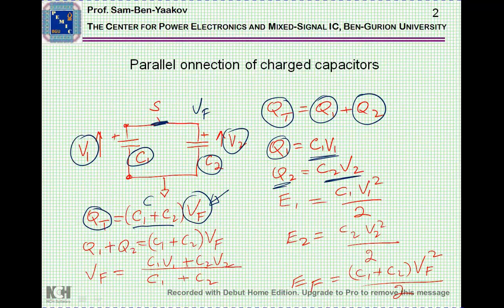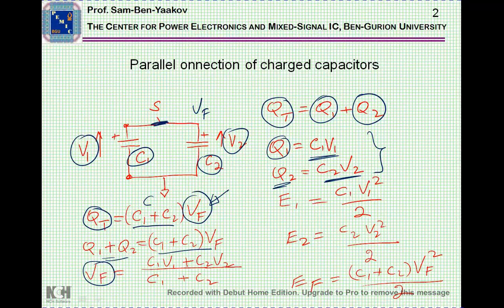Now, since there is a conservation of charge, this total charge is equal to the charge at the beginning. So we equate the two here, and we end up with an expression for Vf, the final voltage, which is equal to C1 V1 plus C2 V2 divided by the total capacitance.